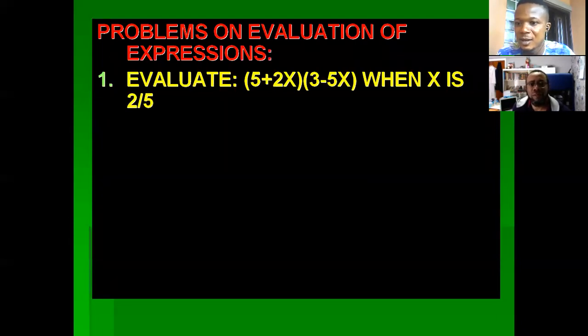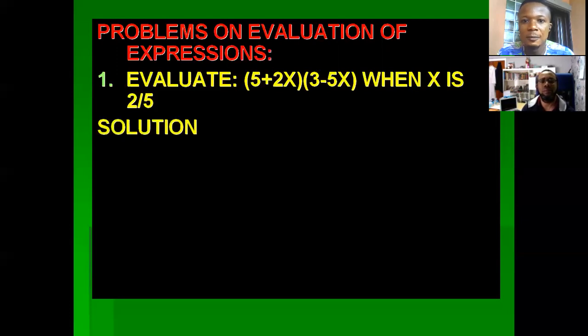Now they ask us to evaluate it when the value of x is 2 over 5. This is just a substitution. It implies that wherever you see x in that expression, you replace it with 2 over 5.